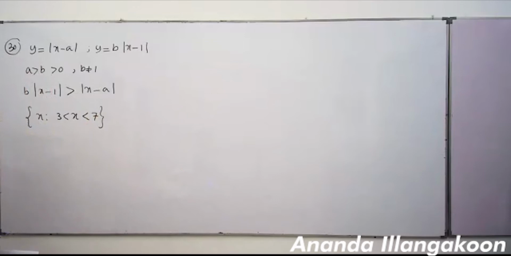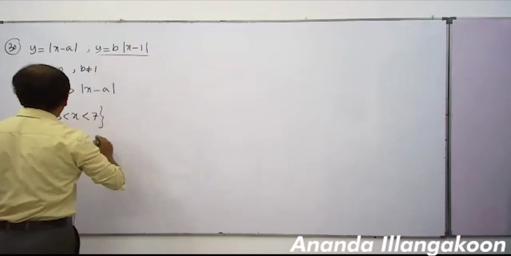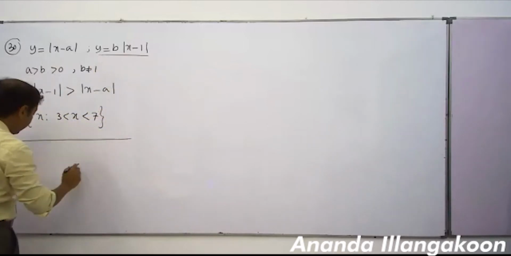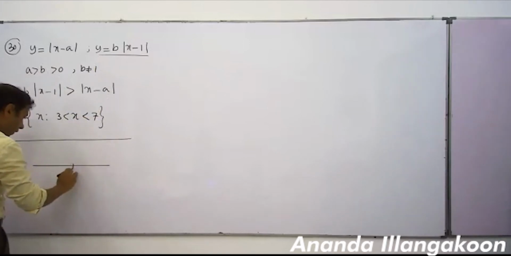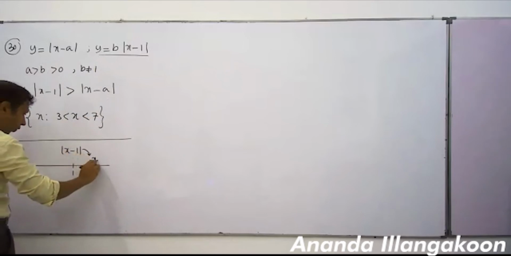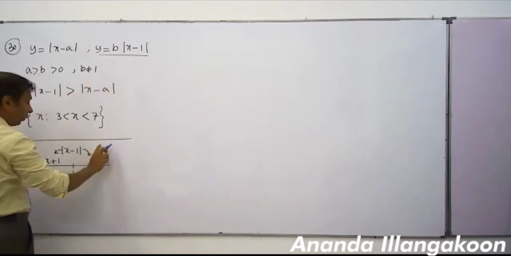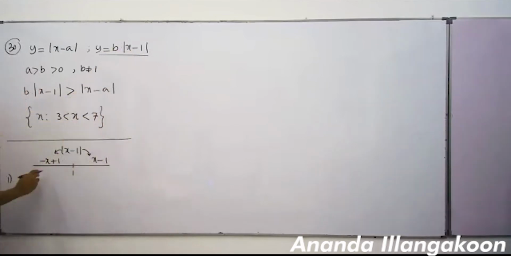But people now here, when you define this, mod x minus 1 changes at 1, no? On the right of 1, it is x minus 1, left of 1, minus x plus 1. Then on the right hand side of 1, since this is equal to x minus 1, multiply that by b, we get y equals bx minus b.